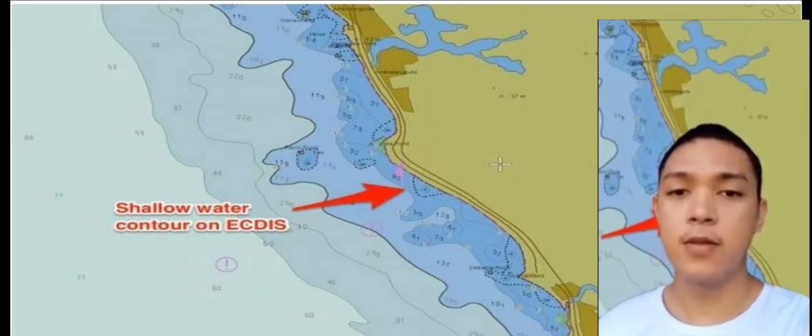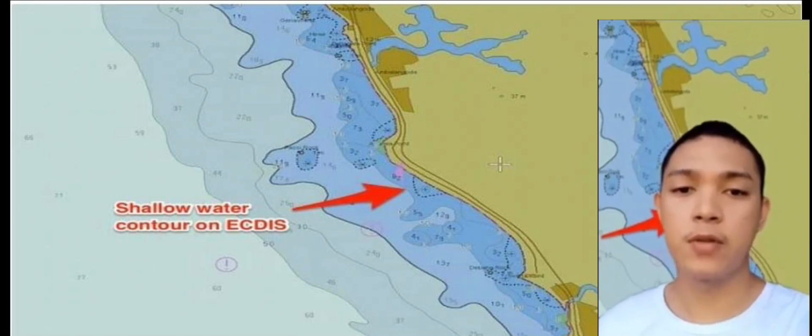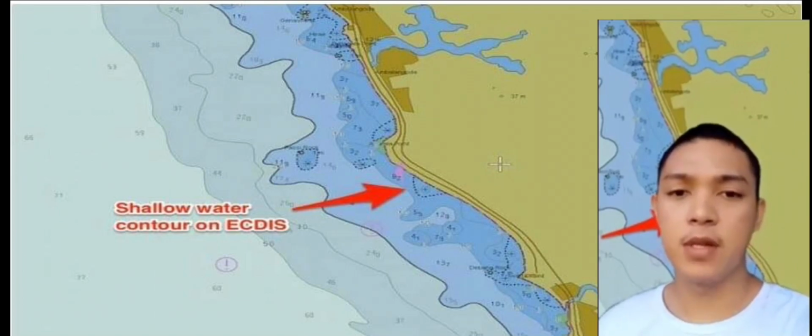The shallow contour value is used to tell ECDIS what the value of shallow waters is for our draft. This is the depth below which it is definite for the vessel to get aground. The shallow contour value needs to be equal to or more than the draft of the vessel. Let us say the vessel draft is 9 meters and we enter a shallow contour value of 9 meters.